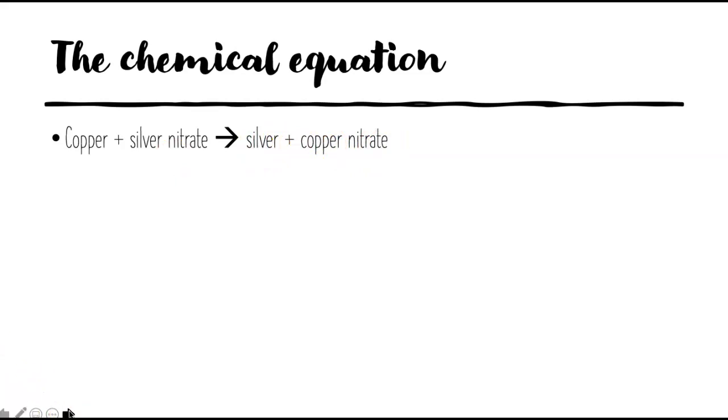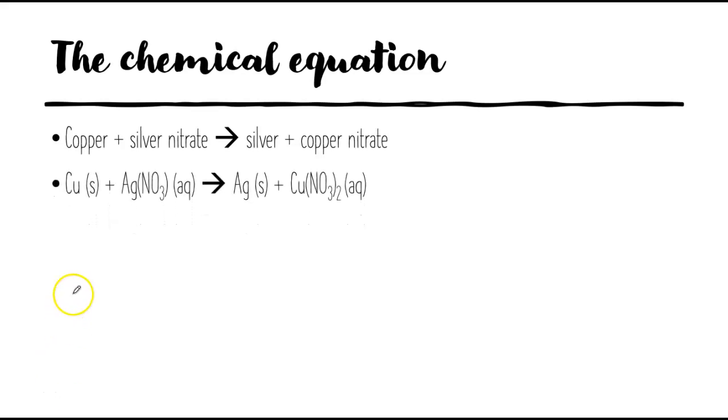Now, we don't want to write it out just like that. So what we'd want to do is use a shorthand way to do that. With solid copper, obviously, reacting with aqueous silver nitrate to form solid silver, that's that silvery stuff that was forming on our copper wire, and copper nitrate. And of course, as I mentioned earlier, we do have to write these formulas correctly.